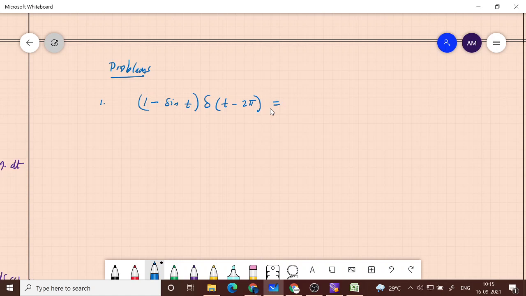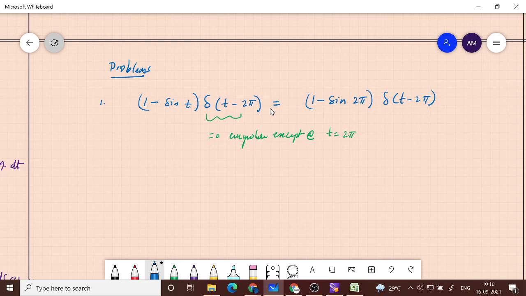So again, the property of the impulse function is that it is 0 everywhere except at t equal to 2 pi. That's what I proved in the previous property, so this t can be replaced by sine 2 pi into delta of t minus 2 pi.